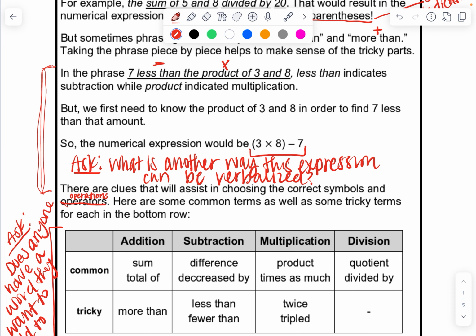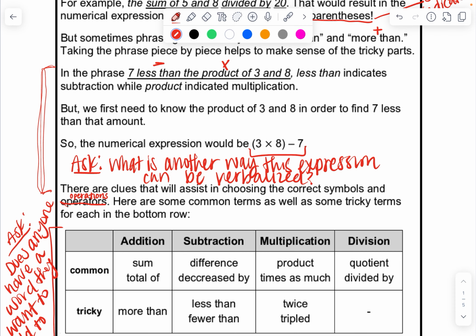And so from there, you can ask students, based on yesterday's lesson or previous intervention days, what is another way the expression 3 times 8 minus 7 can be verbalized? Students might say 3 times 8 minus 7. Students might say first multiply 3 times 8, then subtract 7.